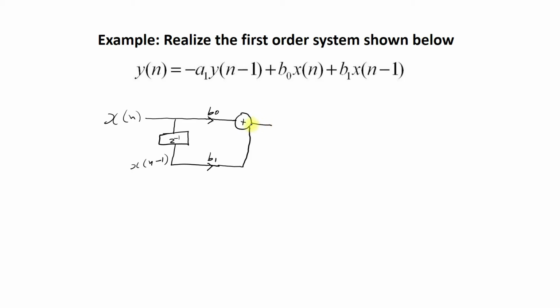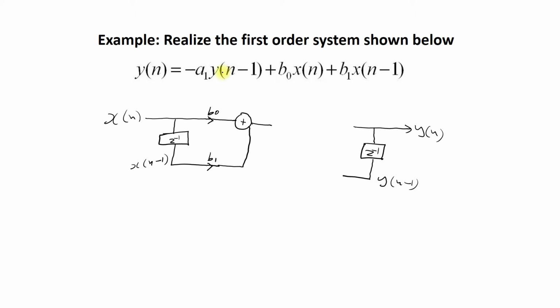So the intermediate result, the output of this one, will be b0 x of n plus b1 x of n minus 1. Similarly, we can go to the output side. We have the output y of n, and y of n is delayed by 1 unit, which can be realized as the delay element, and the output of the delay element is y of n minus 1.